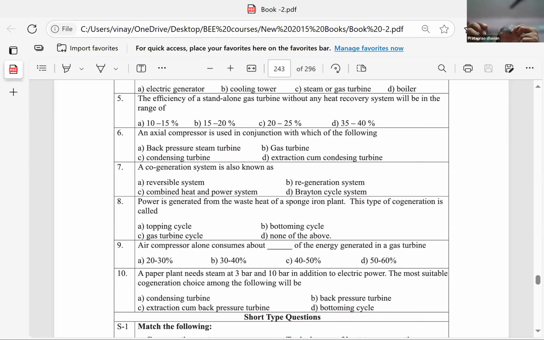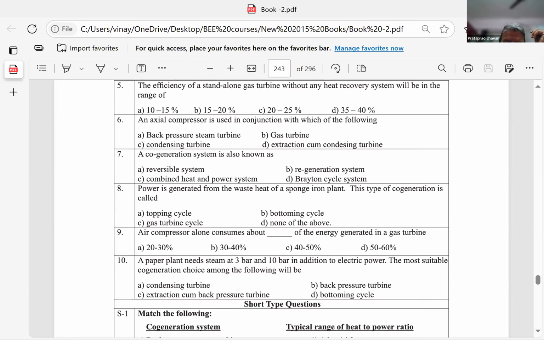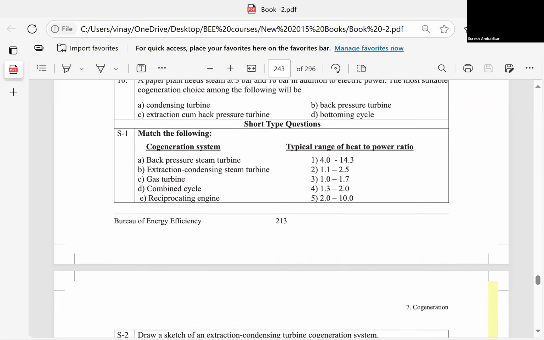Different types of steam are tapped from the turbine. The turbine shaft is used for electrical power, but the steam is not allowed to condense in the condenser. In between, it is tapped at two different points. So go back to the picture of the extraction cum back pressure turbine and you will realize that two tappings can be taken, right? So it is C, that is the extraction cum back.